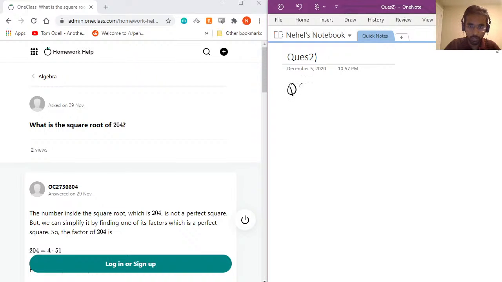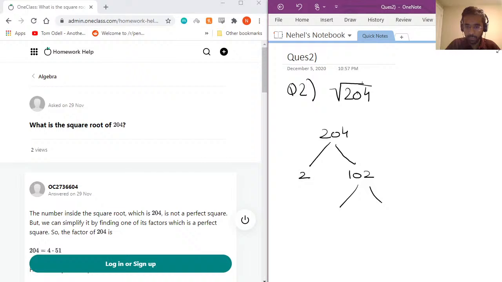So question 2 is, what is the square root of 204? So we would do prime factorization. So 204, we will first divide by 2 since that's the smallest prime number. So with 2 we get 102.